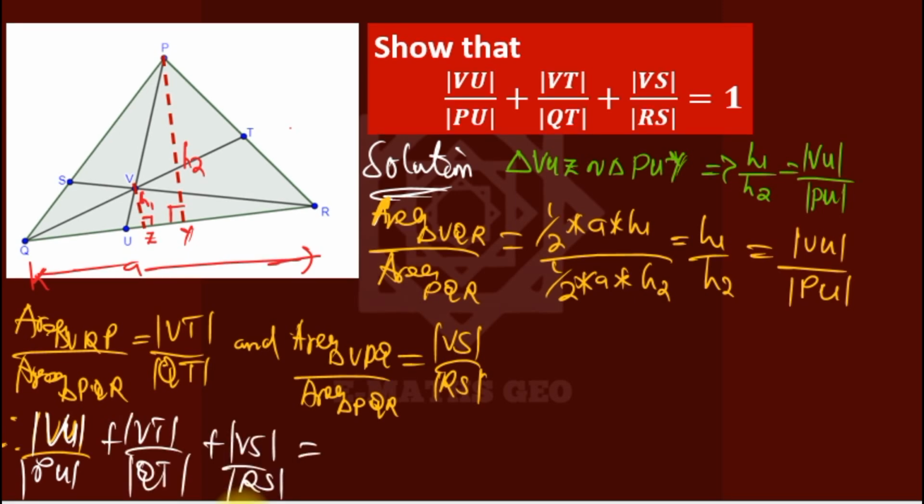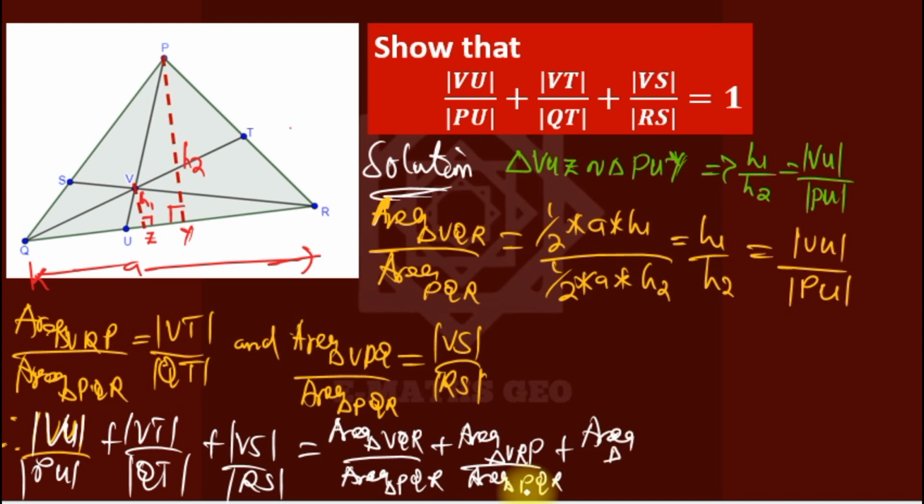We've gotten that VU over PU is the ratio of the area of triangle VQR over the area of triangle PQR, plus the area of triangle VRP over triangle PQR, plus the area of triangle VPQ over the area of triangle PQR.